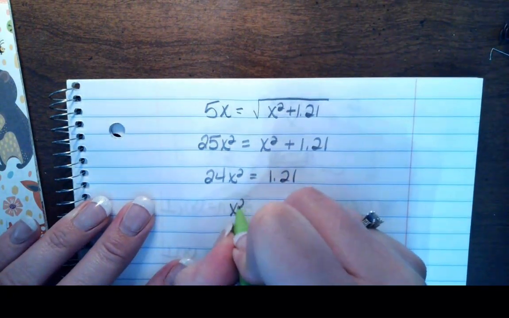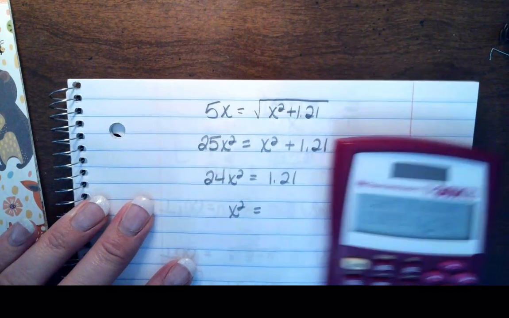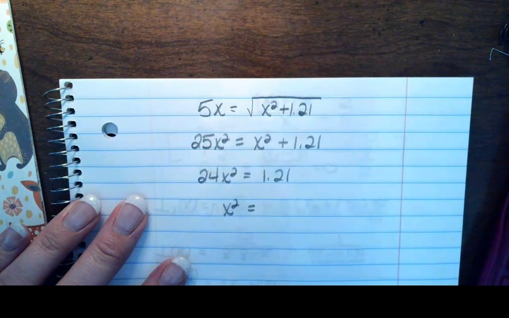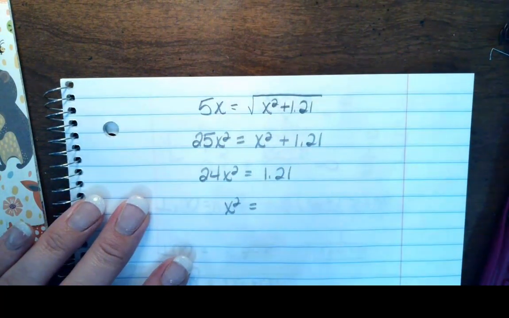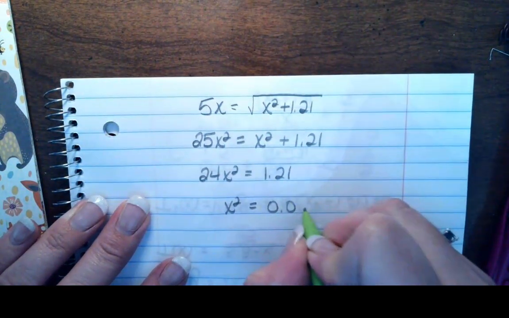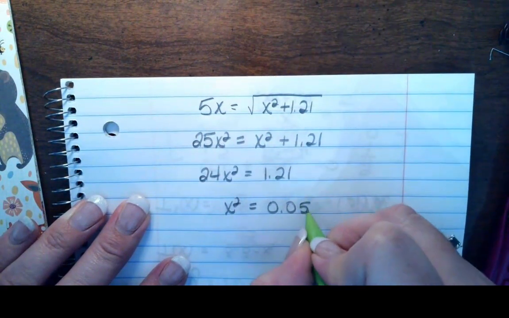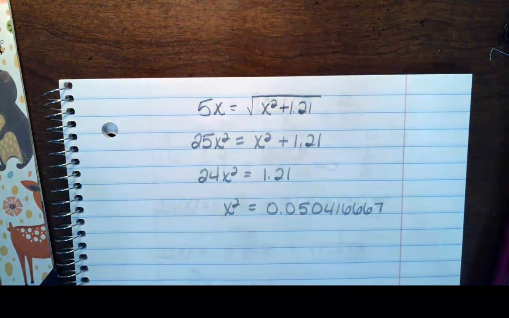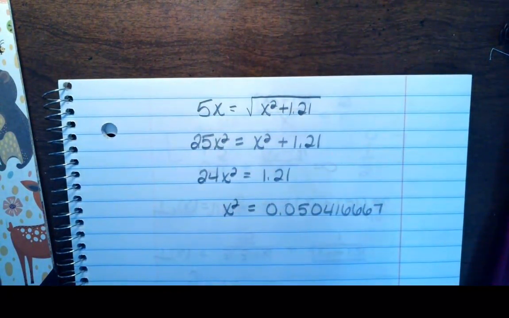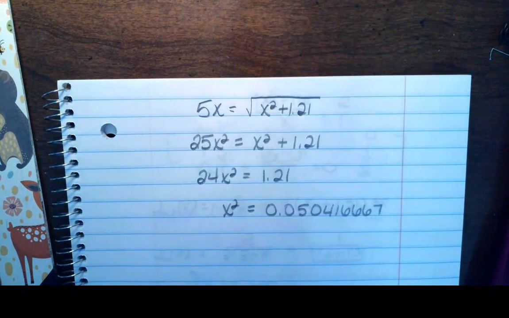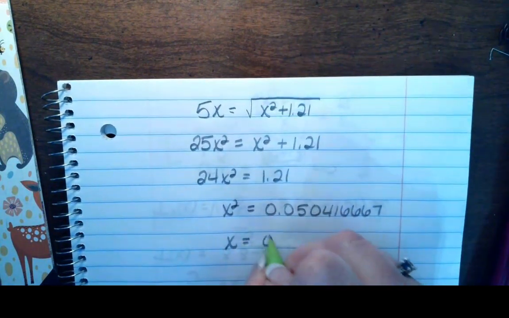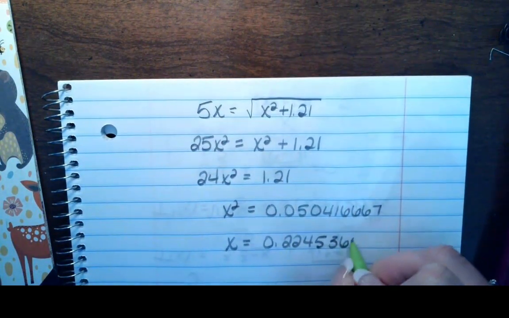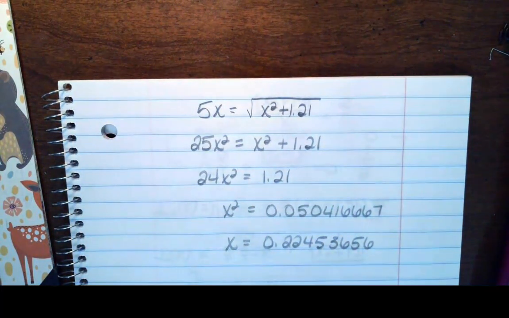Divide both sides by 24. 1.21 divided by 24 gives me 0.0504166667. Okay, take the square root of that, and I end up with 0.2245. So that's what x is.